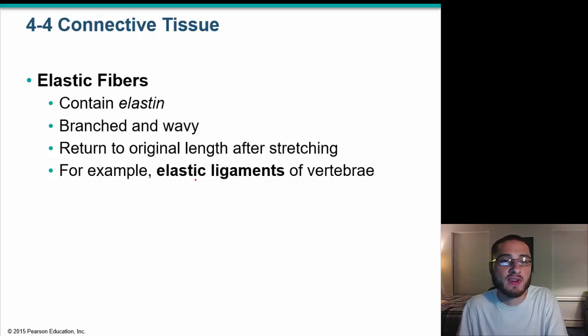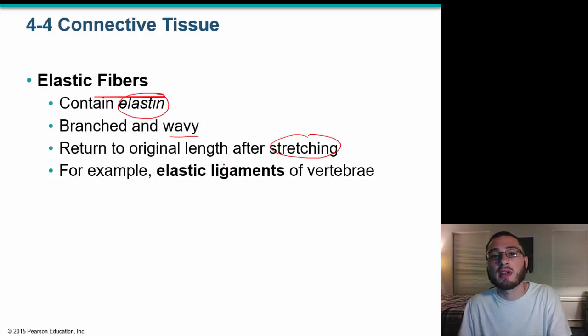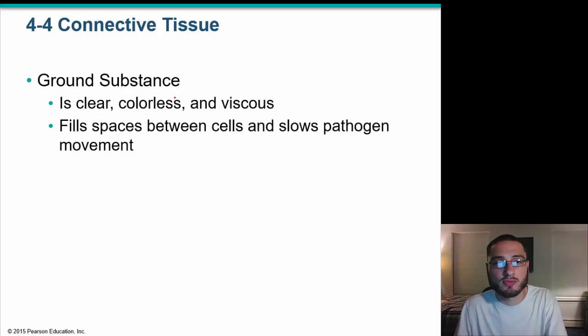And then you have elastic fibers, which contain elastin, branch in many ways, and are wavy, and they return to original strength after stretching. So you have elastic ligaments within your vertebrae, and those are good for being stretched and basically beat up on by your vertebrae or by the bones in your back, and they're able to keep that strength and return to the way they should be.